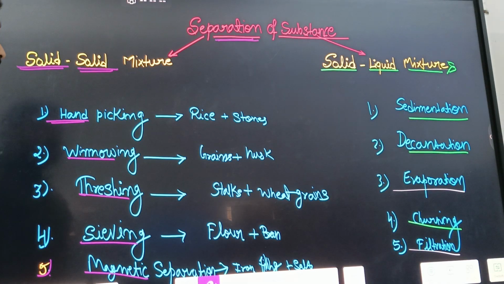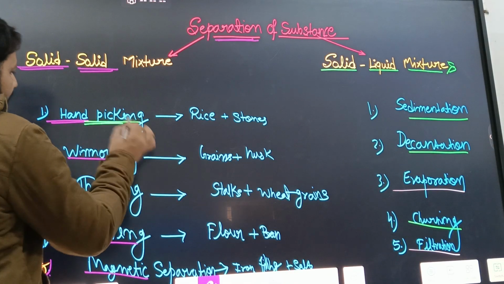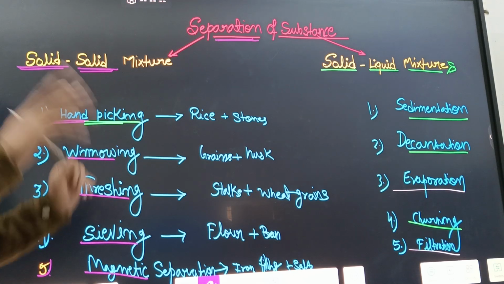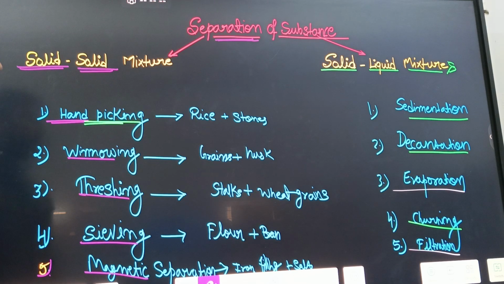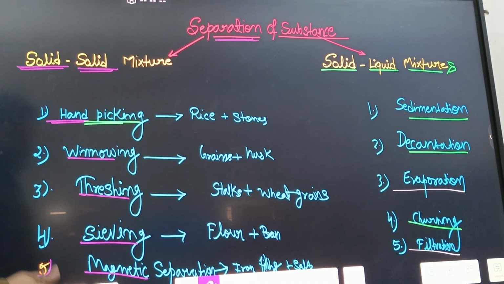The first method is hand picking, used for solid mixtures. In this type of separation technique, we simply use our hand to separate two substances.